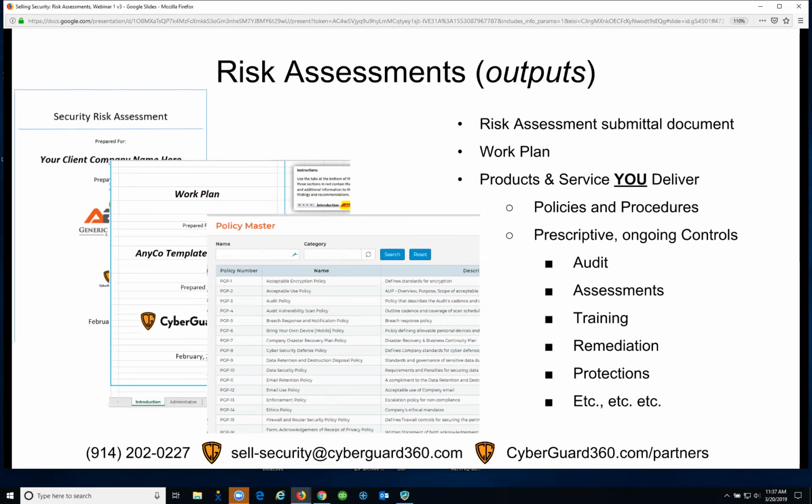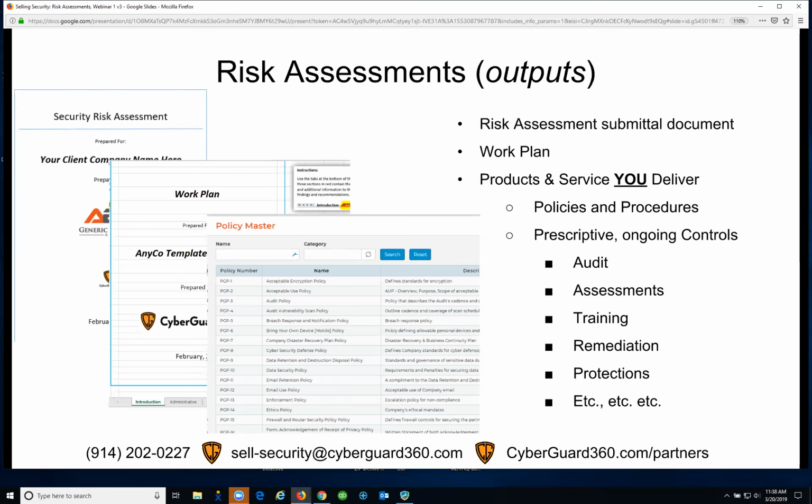It will include training, any remediation that has to be done, and additional layers of protective and prescriptive services that you can deliver. That is effectively the money shot for MSSPs. It says this is where they've fallen down and this is where you can help them. It's presented as: these are the gaps we've identified, and these are our recommendations for how to mitigate the risks associated with them.